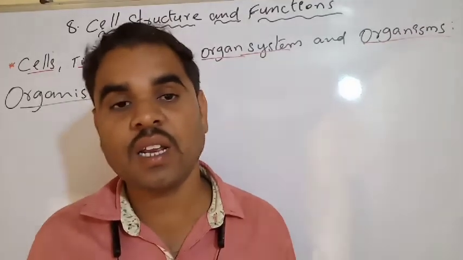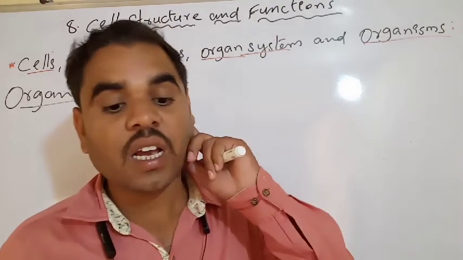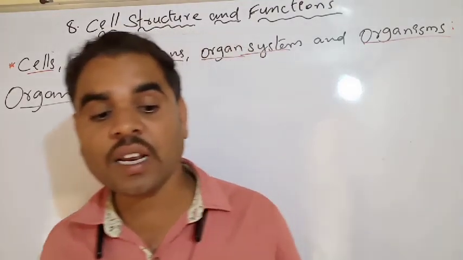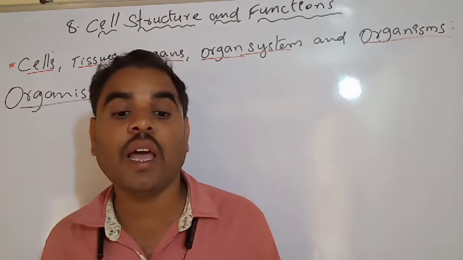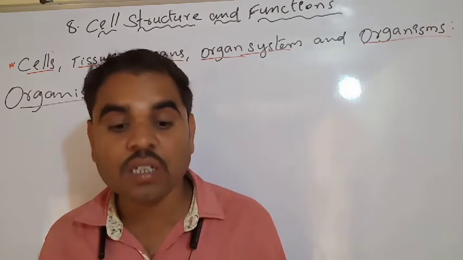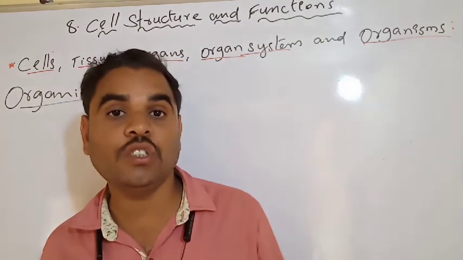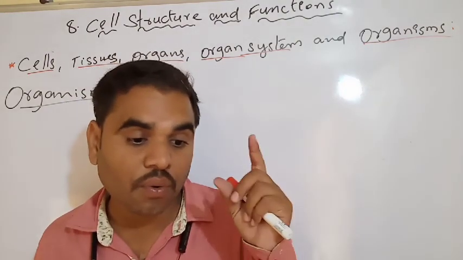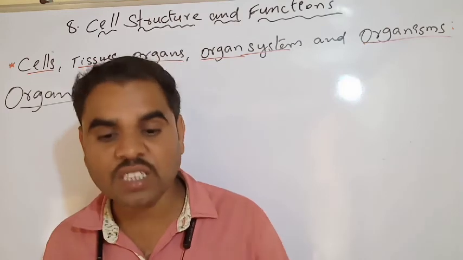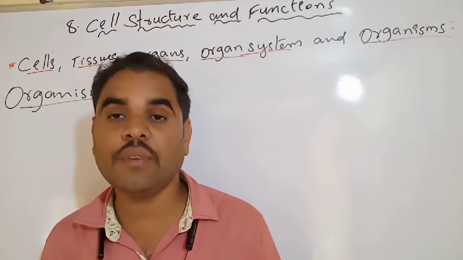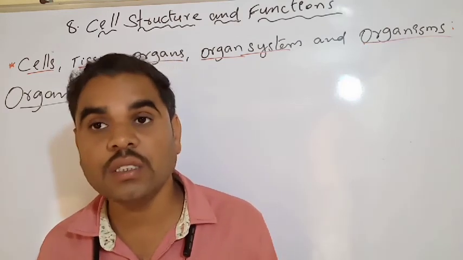Next, the conclusion: multicellular organisms are built like this. Cells make up tissues. Tissues make up organs. Organs make up organ systems.